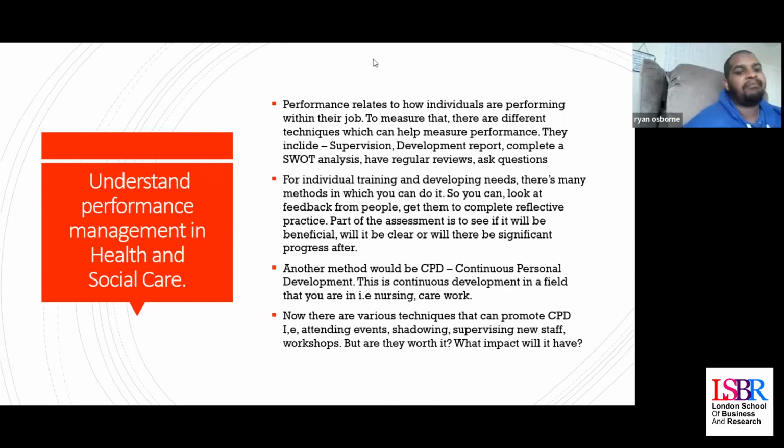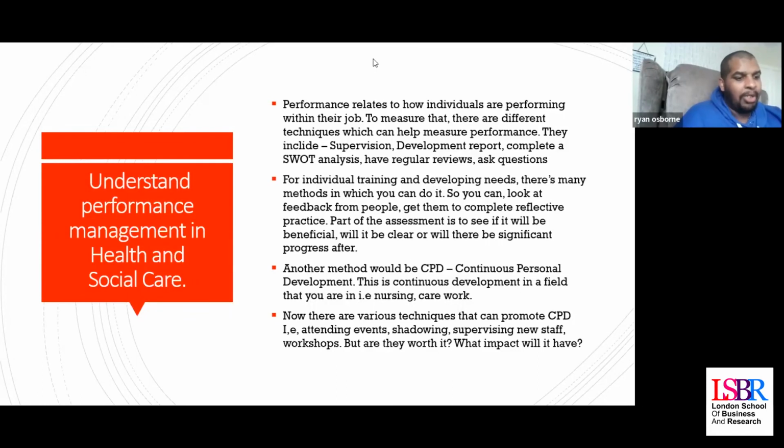Another way you can do that is getting them to complete reflective practice. Now, reflective practice is a very big thing, because you get someone to reflect on their job and how they perform in it.